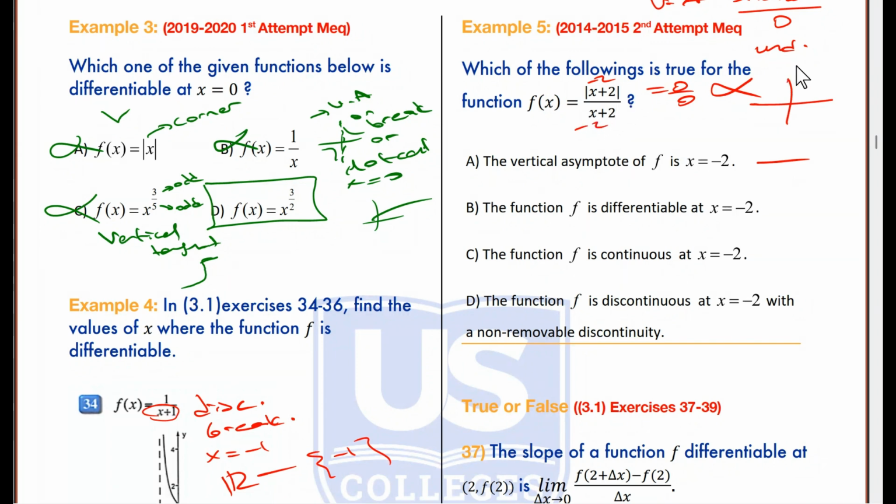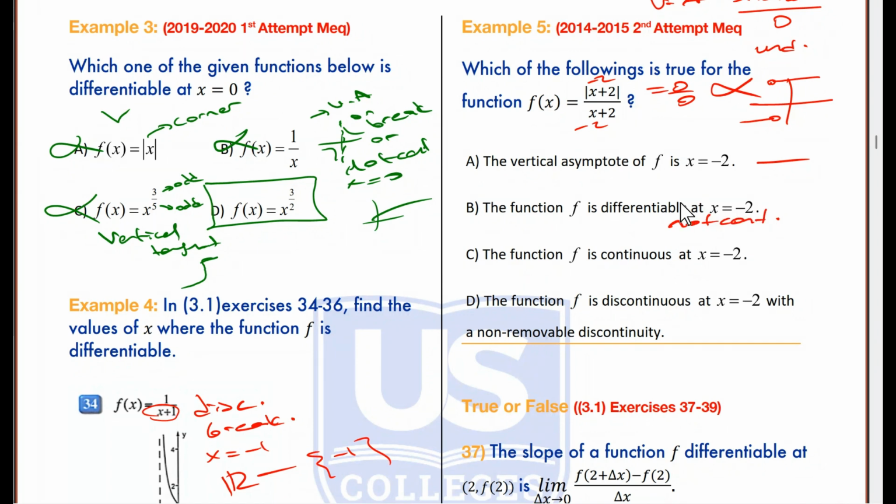Plus, you remember the graph of this kind. It's 1 for x greater than -2, and it's -1 for x less than -2. So there's no vertical asymptote. The function f is differentiable. There is no way for the function to be differentiable because it's not continuous.